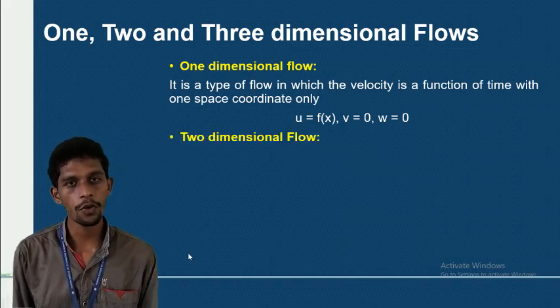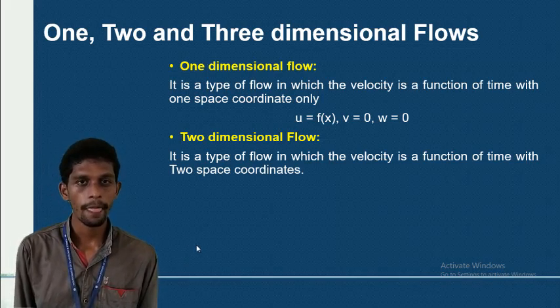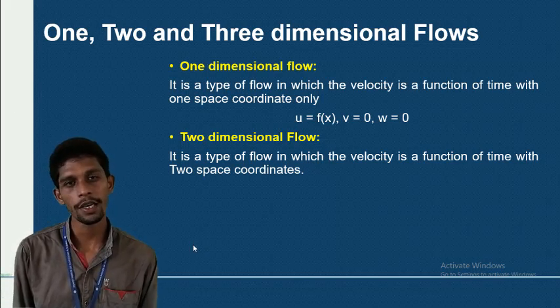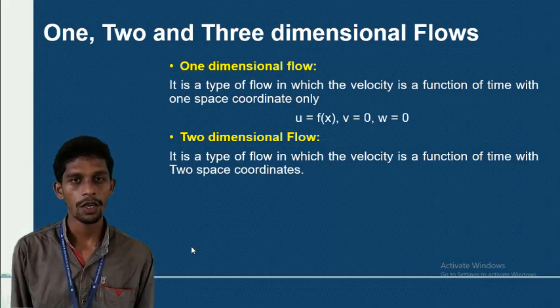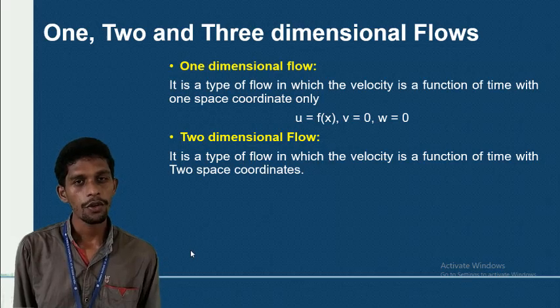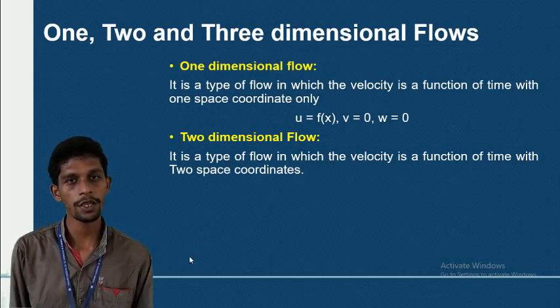Two-dimensional flow is a type of flow in which the velocity is a function of time with respect to two space coordinates, any two coordinates, either xy, yz or zx. When you are considering two directions, the third direction will be 0.